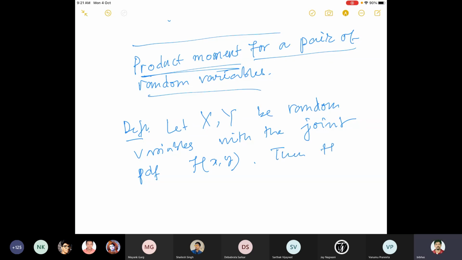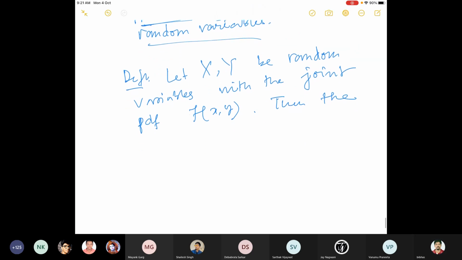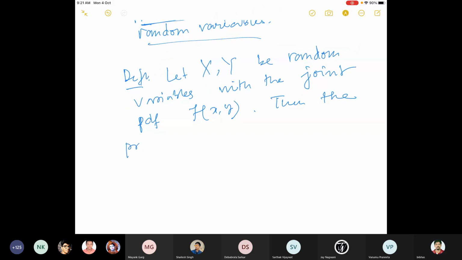Then the product moment of X and Y is very simple. It is nothing but the expected value of the product of X and Y.